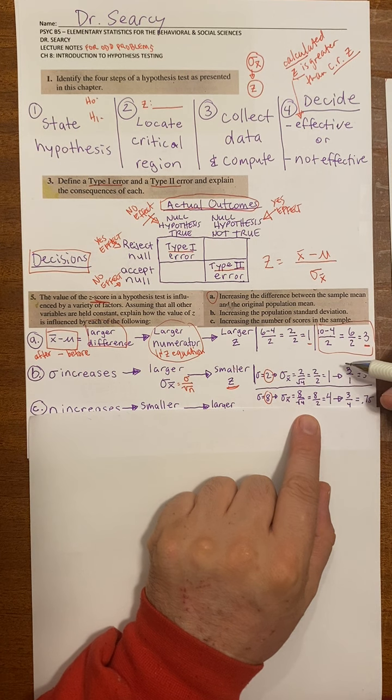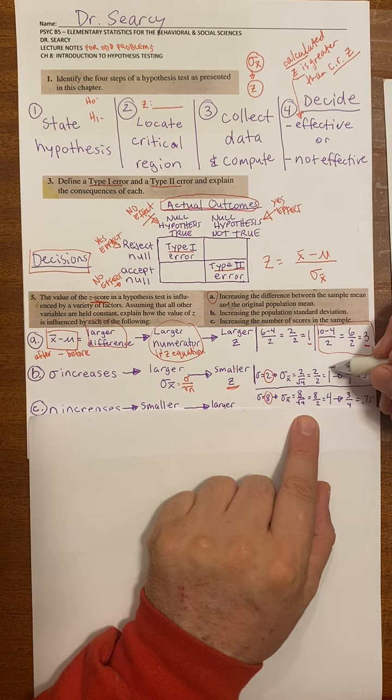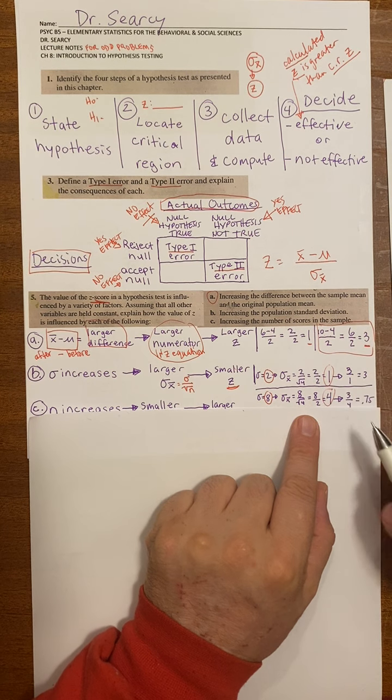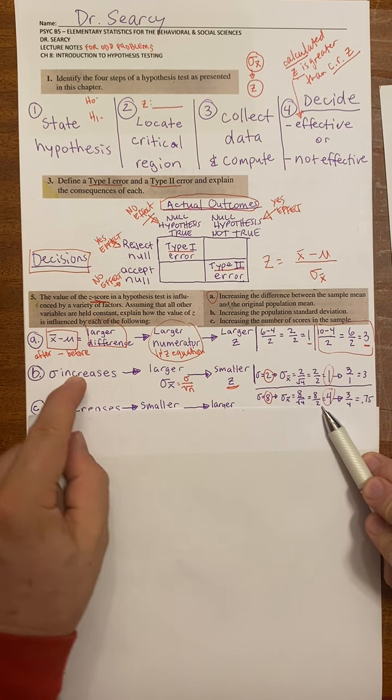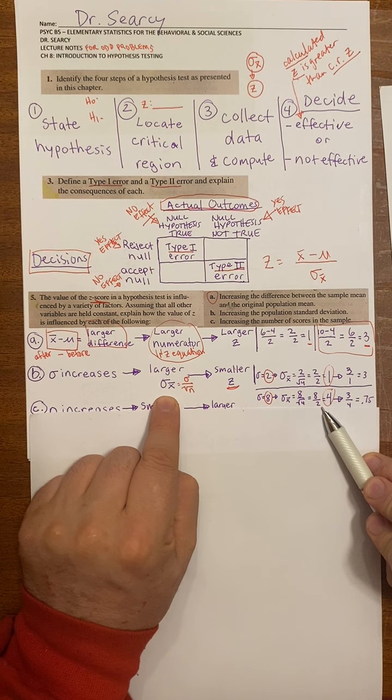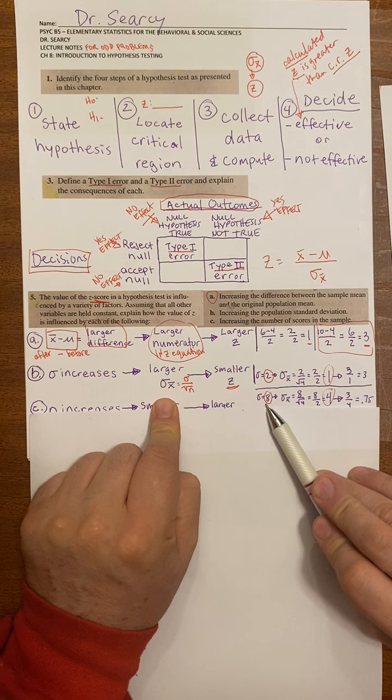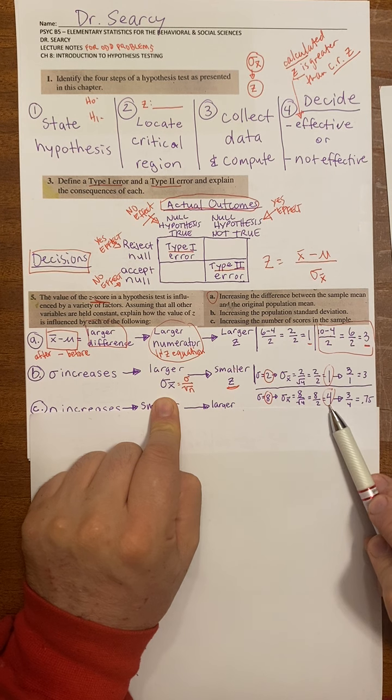Over here I get a standard error of 1, and here I get a standard error of 4. Notice how this is where we're saying if standard deviation increases, then I get a larger standard error.